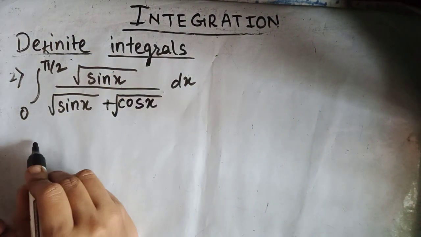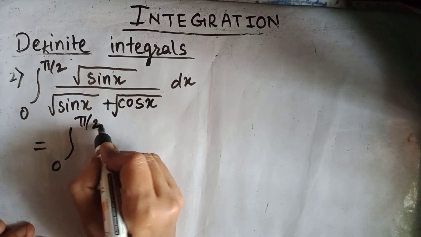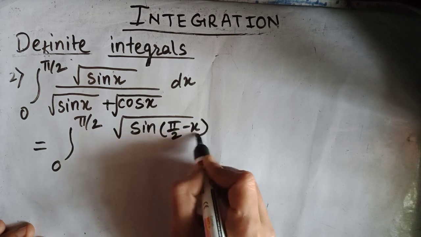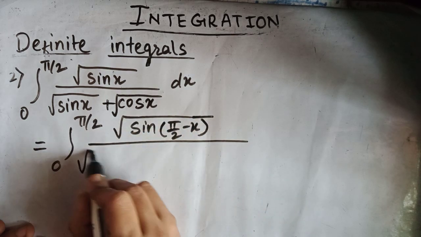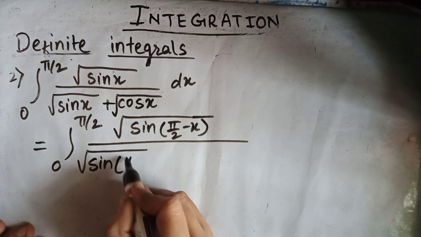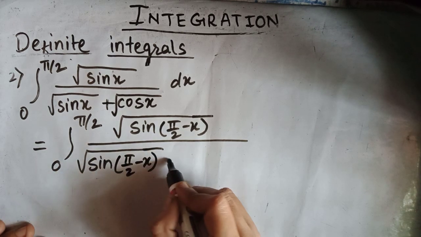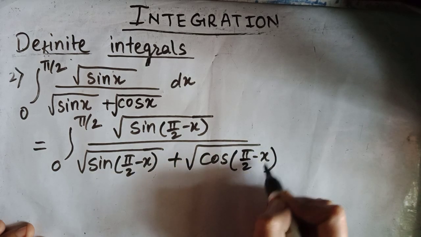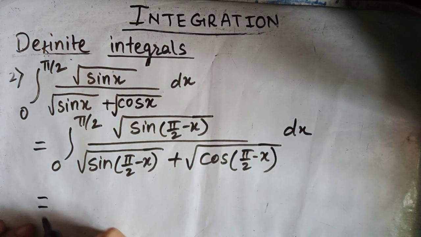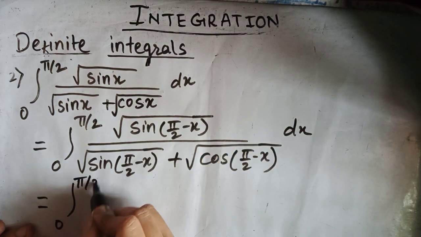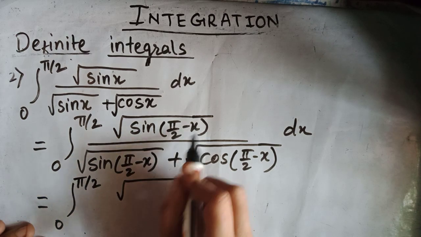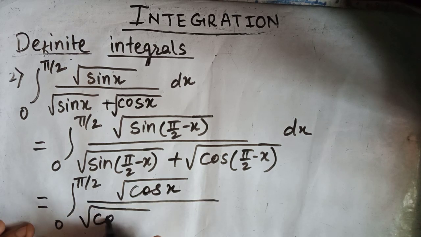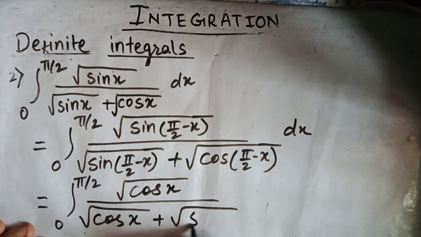So this you can write as 0 to pi by 2 root of sine of pi by 2 minus x upon root of sine of pi by 2 minus x plus root of cos of pi by 2 minus x dx. This is nothing but sine of pi by 2 minus x is cos x, upon root of cos x plus root of sin x.